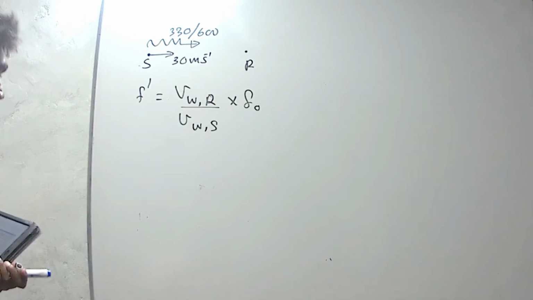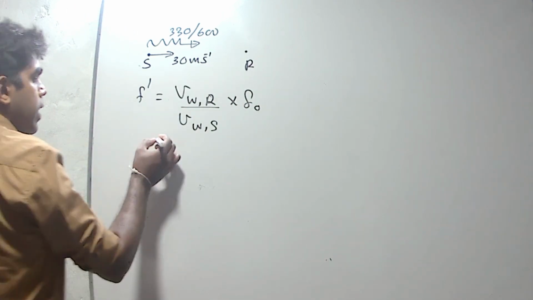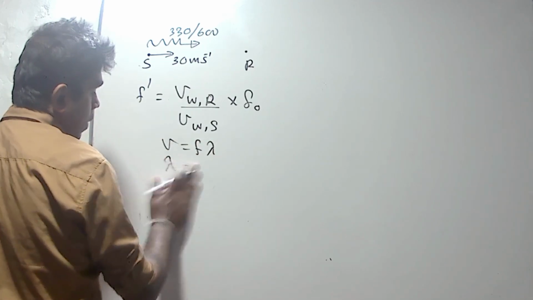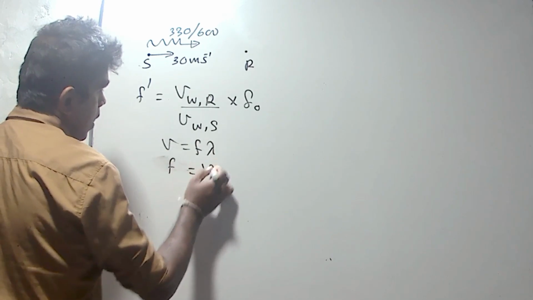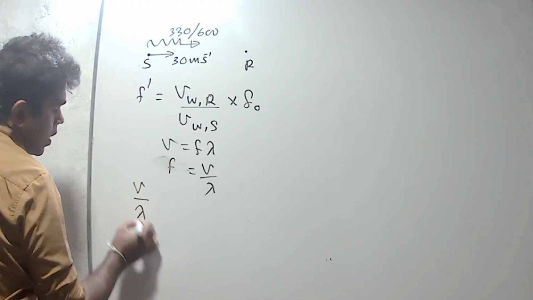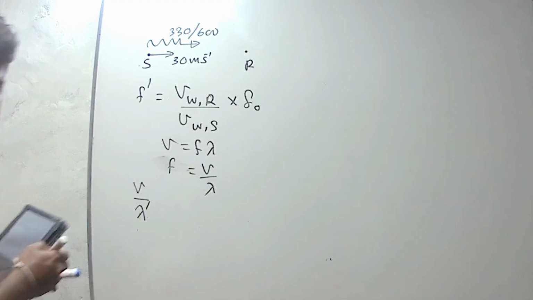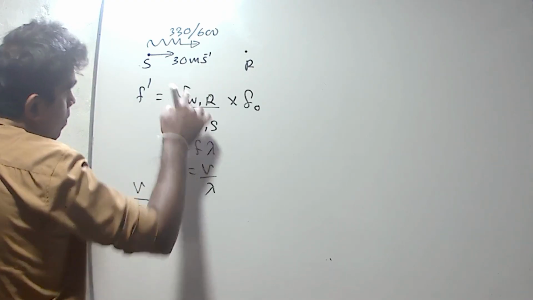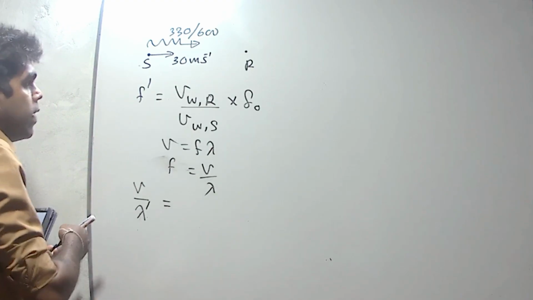But we have to find the apparent wavelength. We know that V equals f lambda. Then f is V over lambda. We can use V over apparent wavelength lambda equals the velocity of wave relative to receiver.